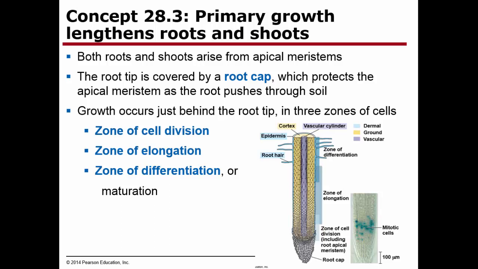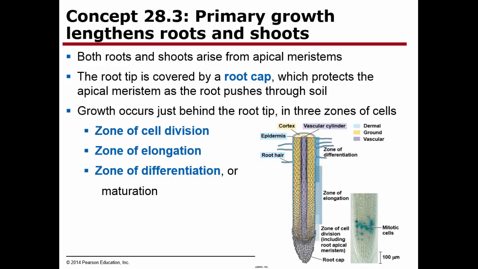So signals from surrounding cells cue the cell that it's time to differentiate. It's time for some genes in the cell to be turned on and others to be turned off.